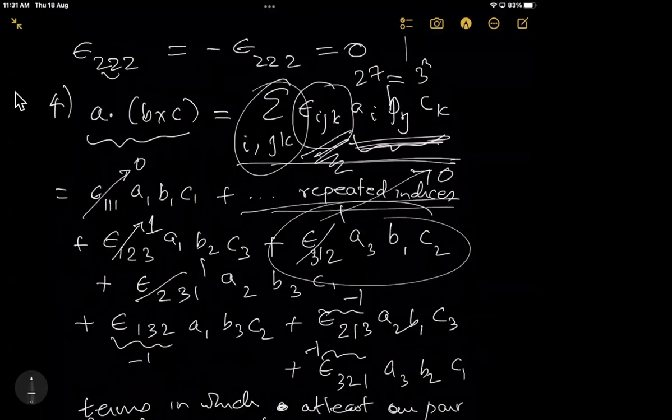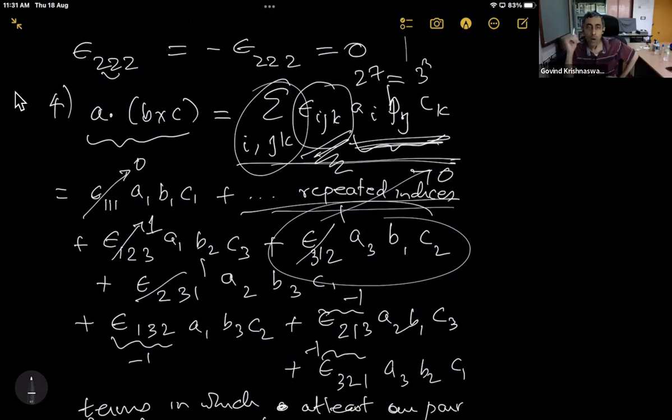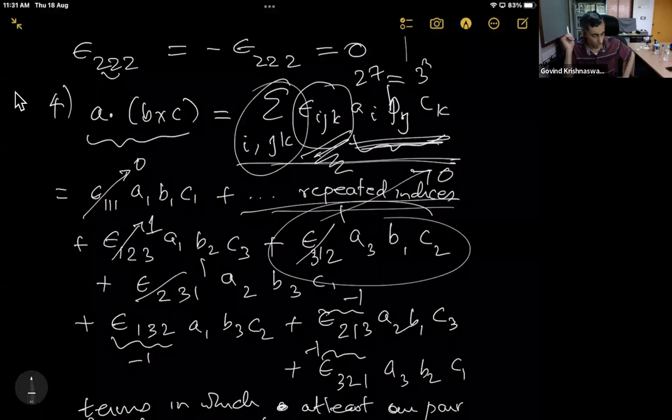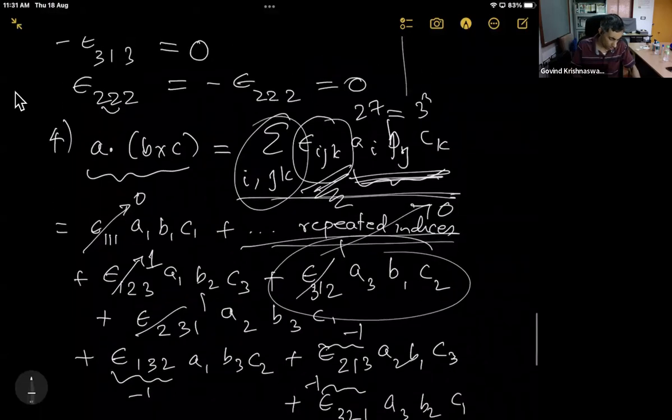Yes, Sir, please. Instead of doing this, what I did was I compared all the coefficients of A1, B2, C3 with the corresponding Levi-Civita symbol. There I compare the LHS and RHS, and therefore I say that both of them are equal. Okay, fine. I think I understand what you're saying.